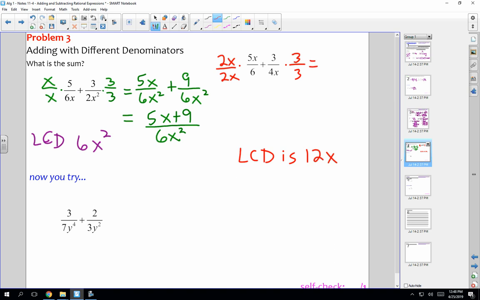I end up with the following fractions: 10x squared over 12x plus 9 over 12x. Adding the top, notice that they're not like terms, so I'm going to keep it 10x squared plus 9, and then the bottom just remains 12x. That's it.